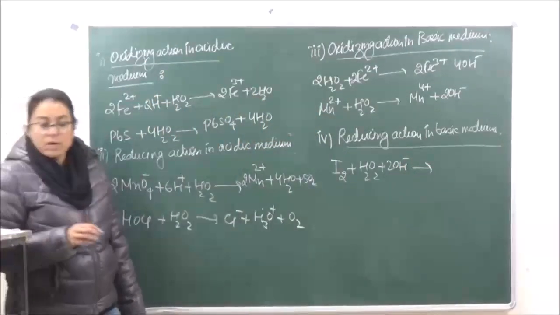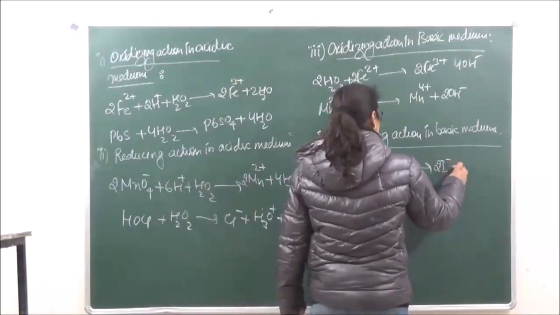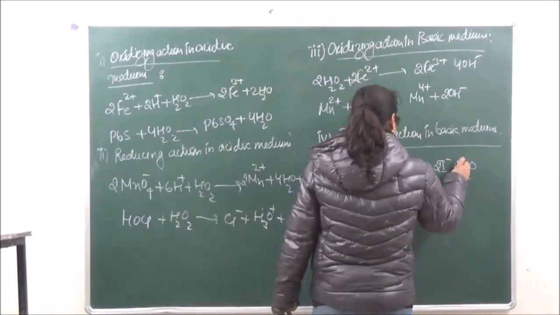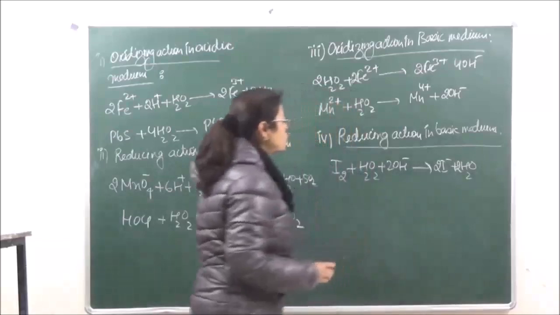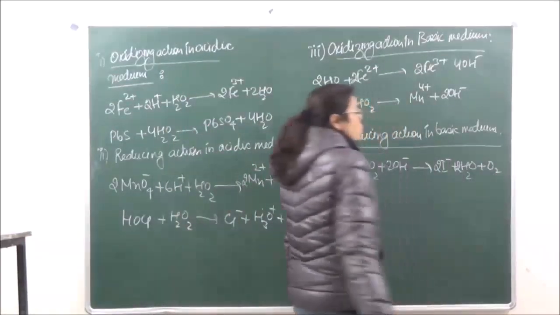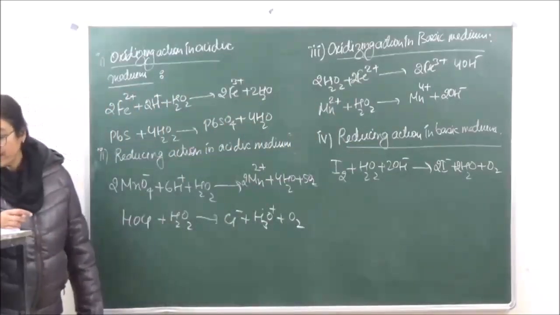This is going to be converted to iodide ion. H2O2 plus oxygen, 2H2O plus oxygen. This is going to be the reaction over here.